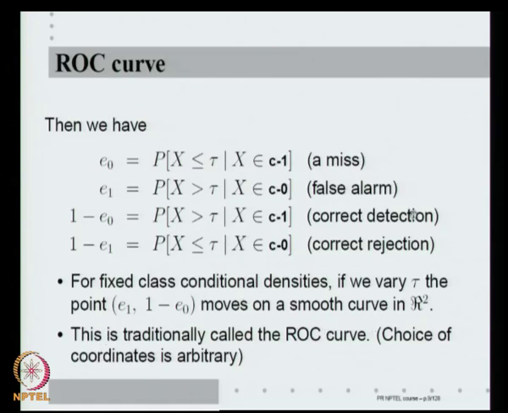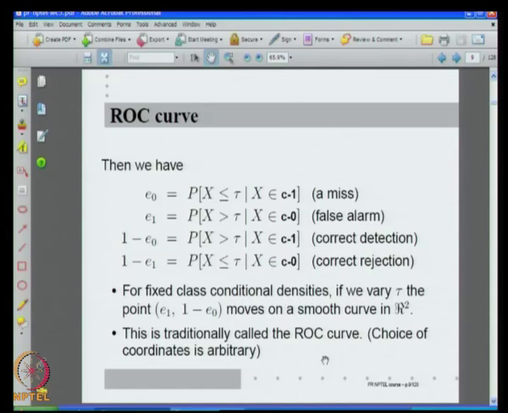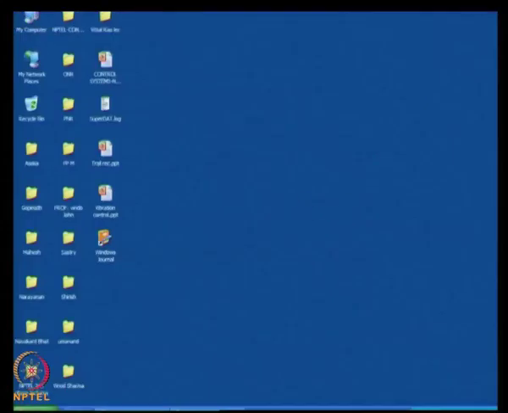E 1 is the false alarm rate, and 1 minus E 0 is the correct detection rate. So, essentially, plotting the false alarm rate on the x axis and the correct detection rate on the y axis, for different taus you will have different points. Okay. So, the curve will look something like this.